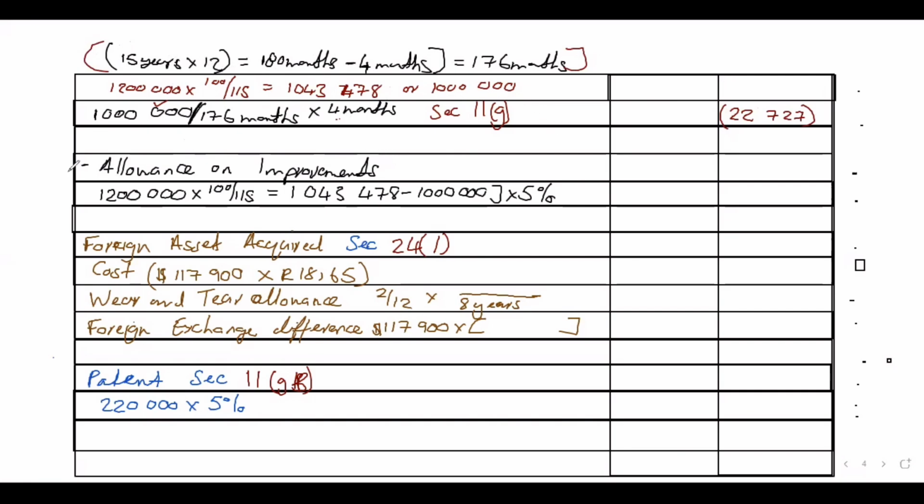And this one only comes into play, guys, if what you actually spent went over the contract estimated amount. Then you claim the difference as an allowance, 5% each year.